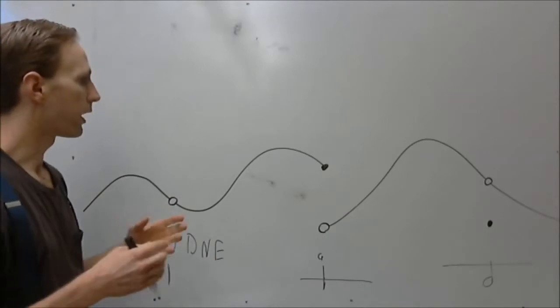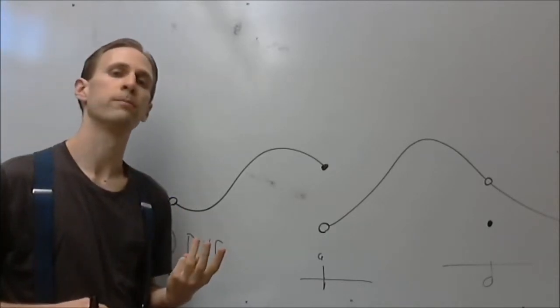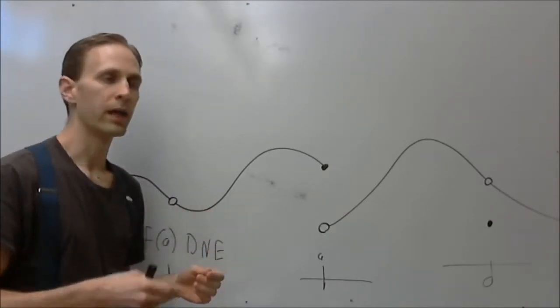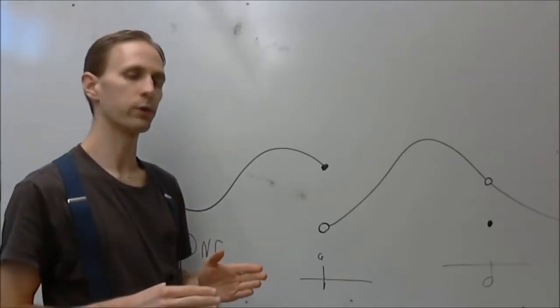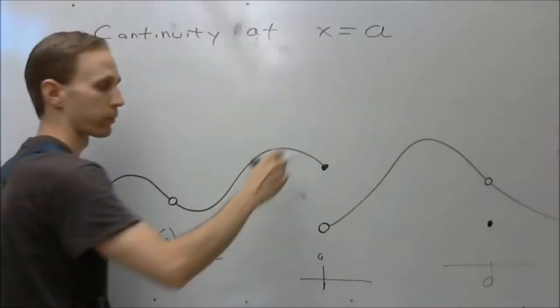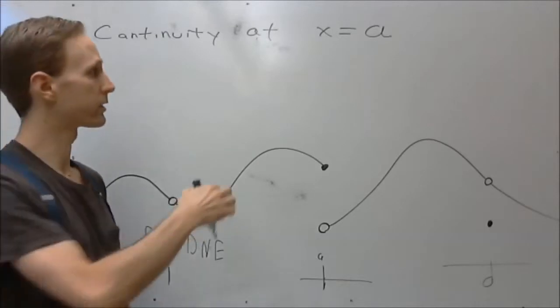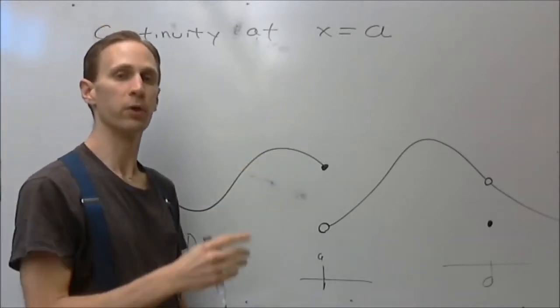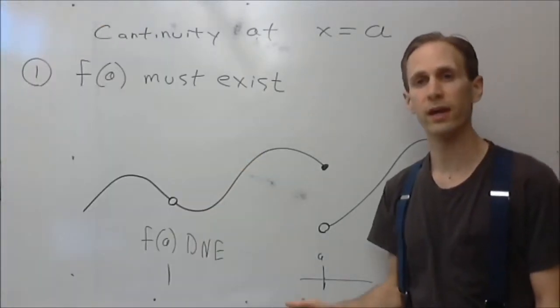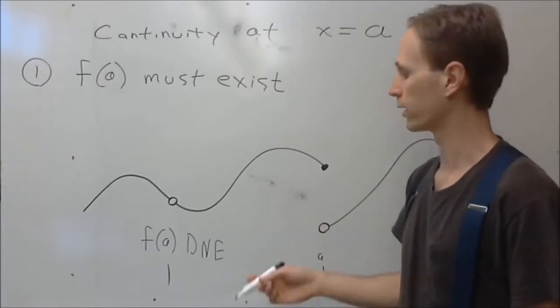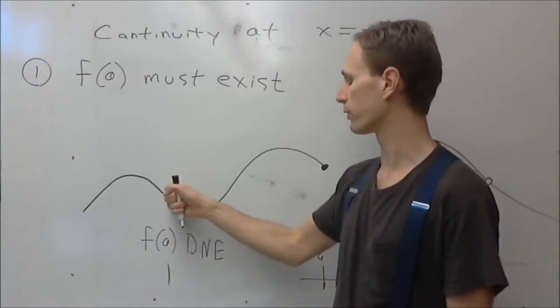And so we have three conditions that need to be met in order for a function to be continuous at an x value. For continuity at an x value, x equals a, three conditions must be met. The first one is f of a must exist. In other words, there's got to be some point there, right?